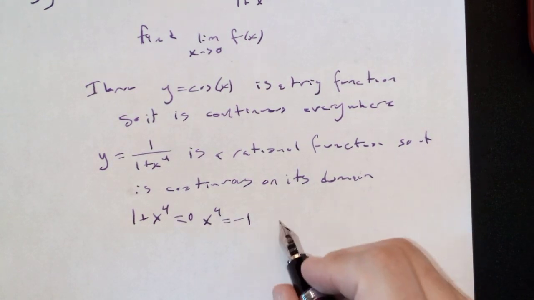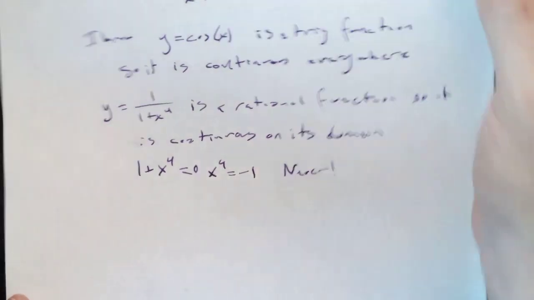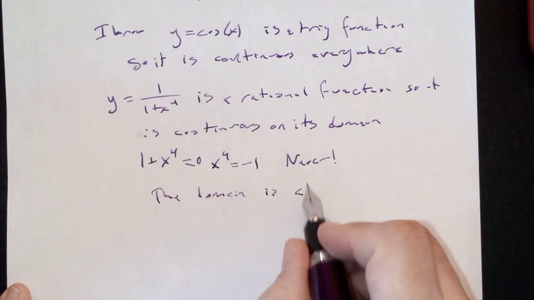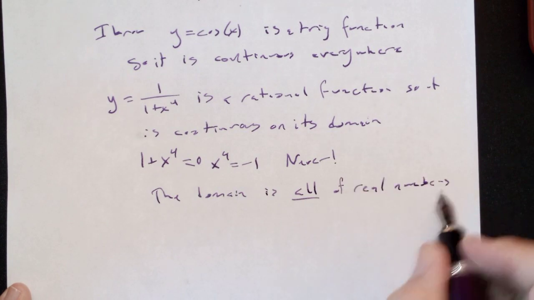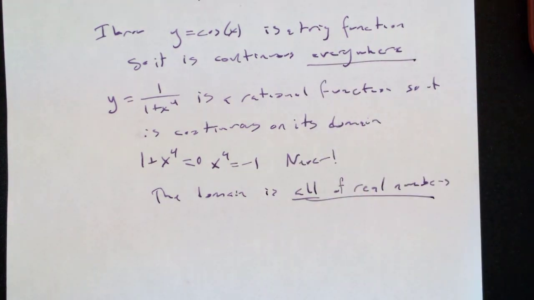This never happens. And that means the bottom is never 0. If the bottom is never 0, it works everywhere. My domain here is everywhere. My continuity is everywhere. I just happen to only care about negative 0.8 to 0.8, but I know the continuity works in there because it works everywhere.